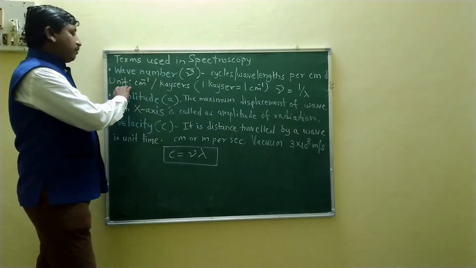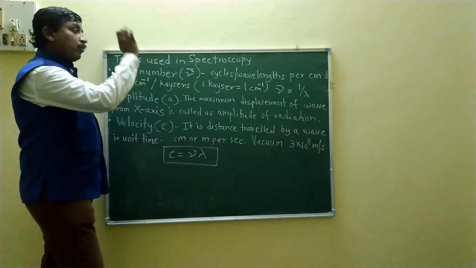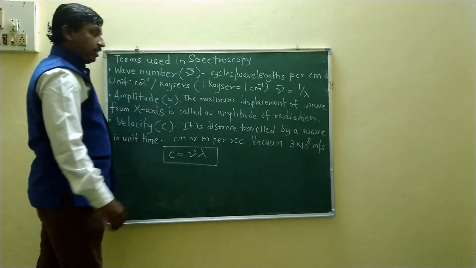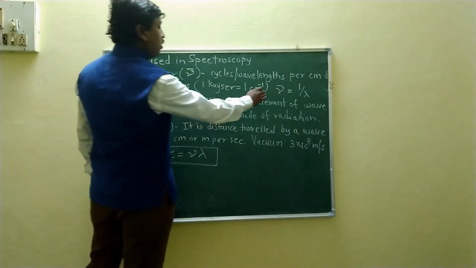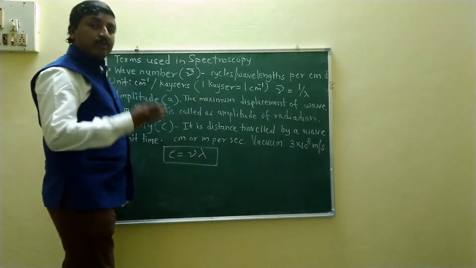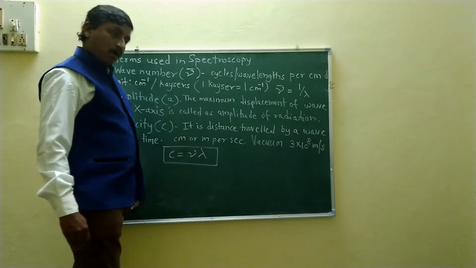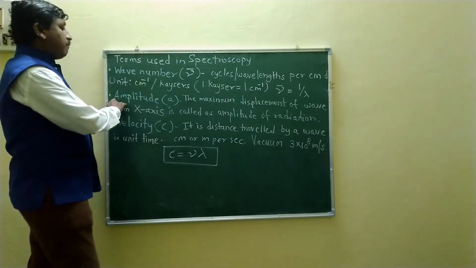It has the unit per centimeter or kayser, where 1 kayser is equal to 1 per centimeter. Mathematically, wave number is expressed as nu bar equals 1 upon lambda. That is, wave number is inversely proportional to the wavelength of radiation.